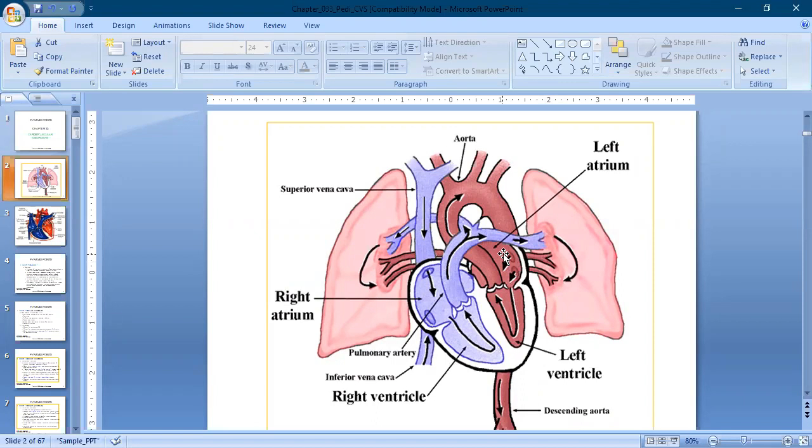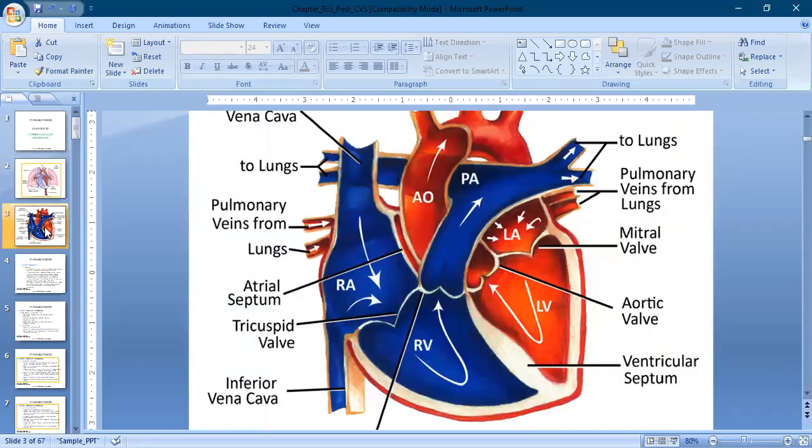From the left atria, blood goes to the left ventricle. From the left ventricle, blood goes to the arch of the aorta and is distributed all over the body. But the question is when or why the problem starts, right?